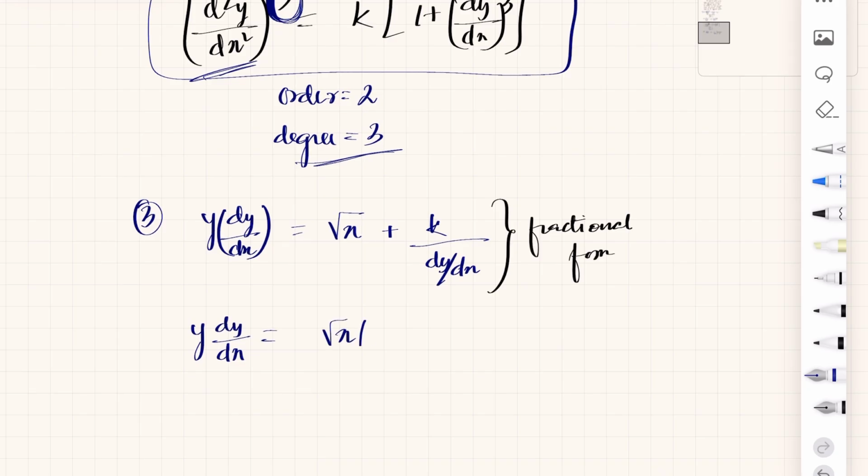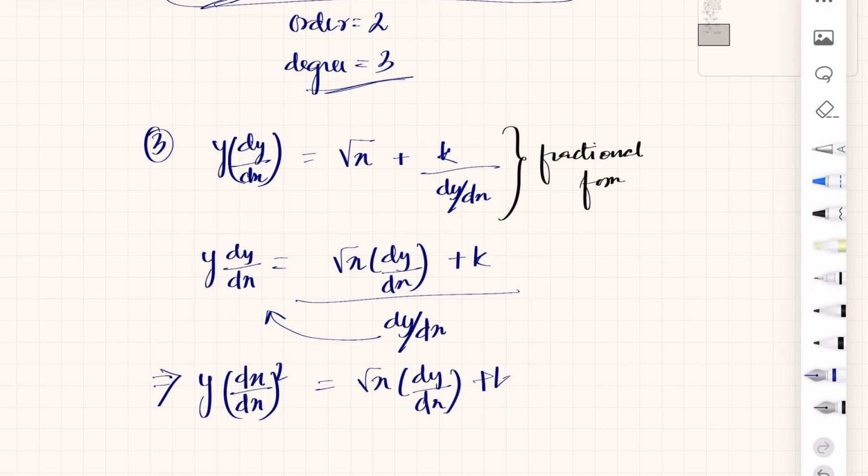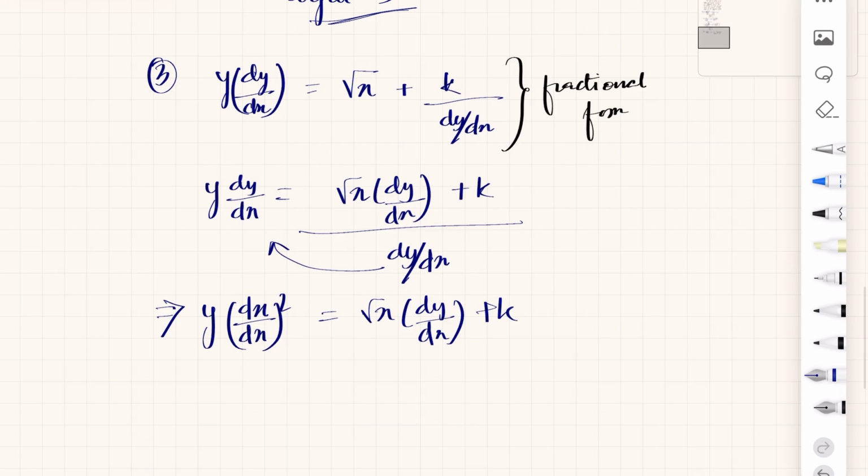Okay, so let's simplify this. Can we write it in this way? Right? So here it comes, it will come here, then it will become square. Yes or no? Only after this, now we got the equation free from fractional form, right?